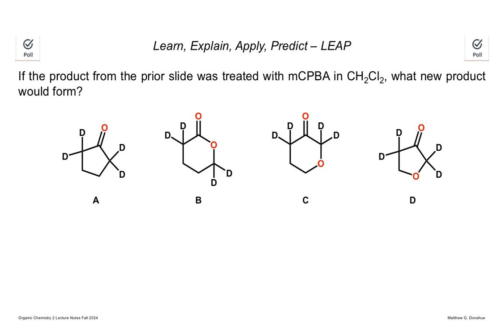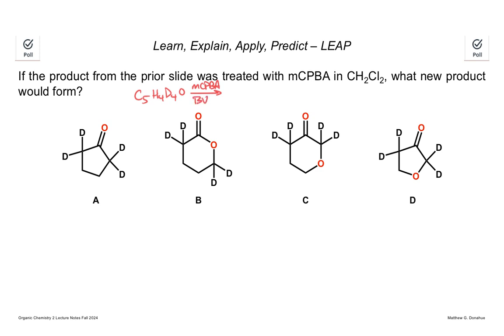So we ended up with C5H4D4O, and we want to treat that with MCPBA, which is something we learned in Module 3, and it's asking you what that product will be. So a ketone plus MCPBA will do a Baeyer-Villiger reaction.